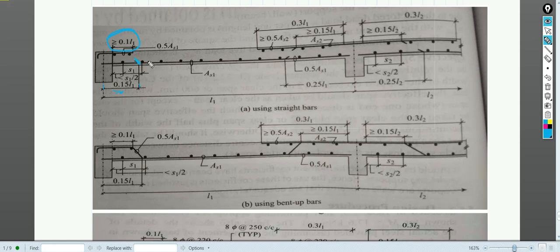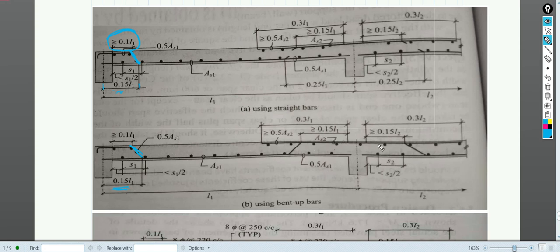Because we can either crank or curtail, just like in a one-way slab. This distance for the crank is 0.15 L1.